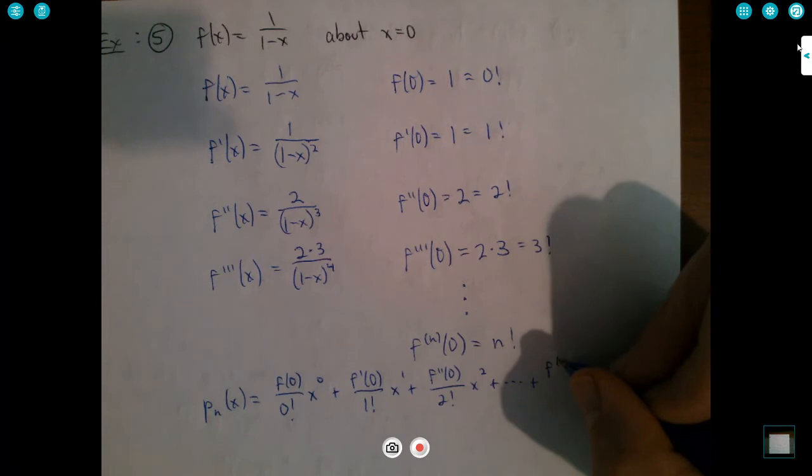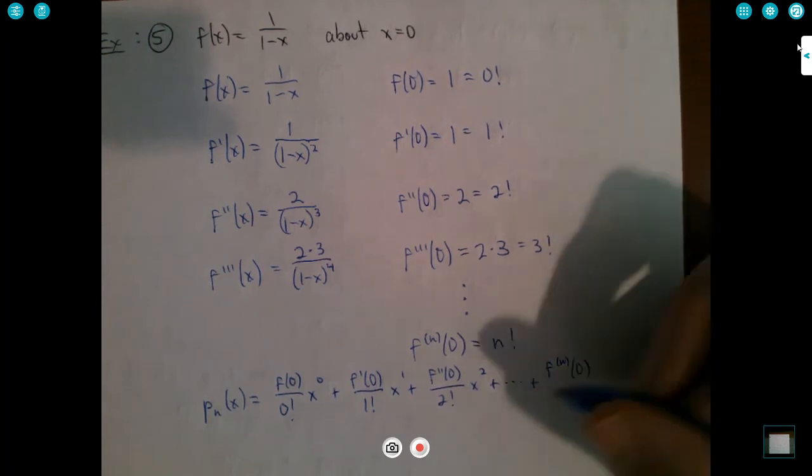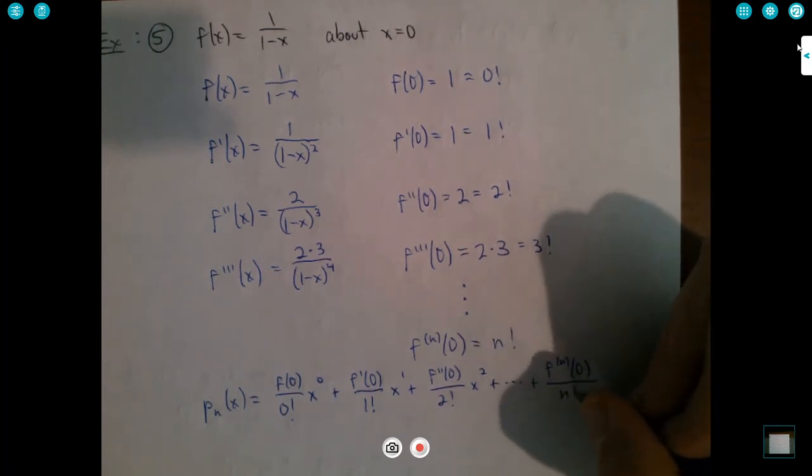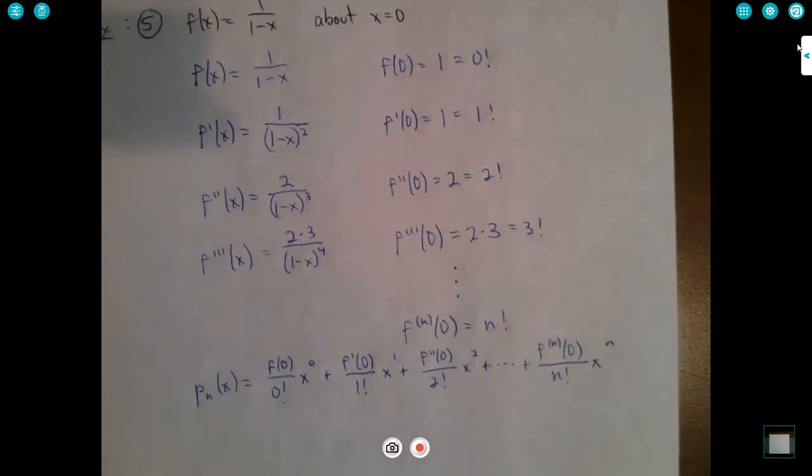So it's going to be the nth derivative evaluated at 0 divided by n factorial times x to the n.